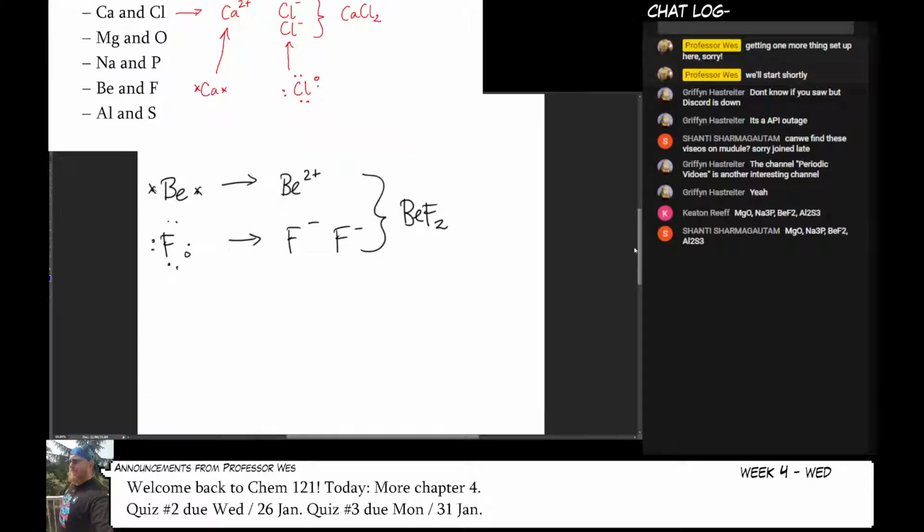And then finally, for aluminum and sulfur, aluminum's got 3 valence electrons. Let's just get rid of them to make aluminum 3+. That'll have an octet. And then finally, we have sulfur, which has 6 valence electrons. We're going to add 2. So there's 1 and there's 1.